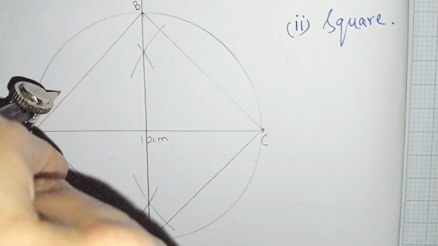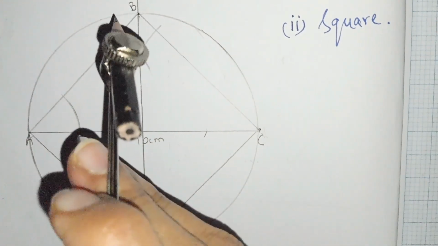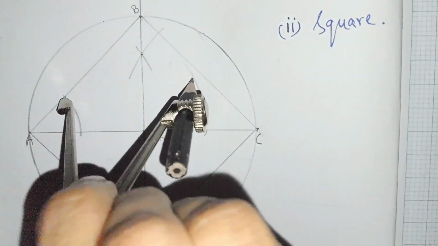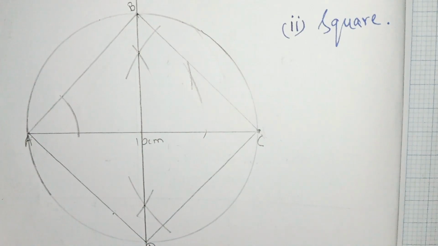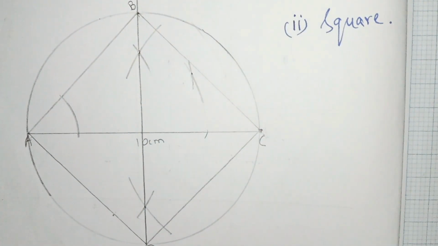Now we make the angle bisector of A. This is the angle bisector.